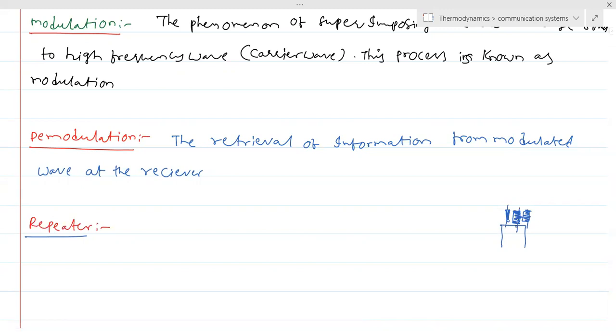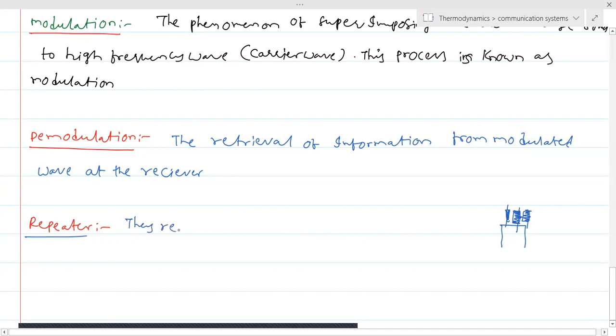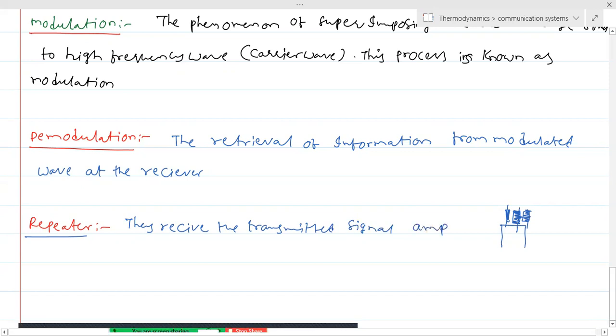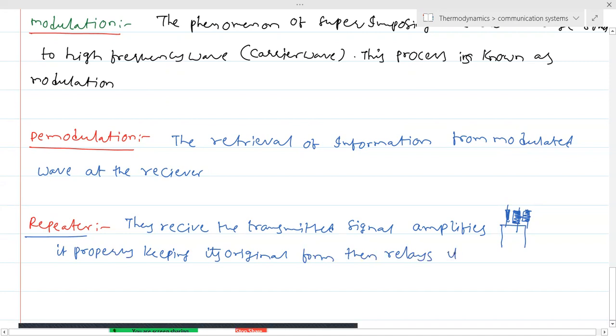That means they receive the transmitted signal, amplify it properly keeping its original form, then relay it, that means transfer it, to the next repeater.